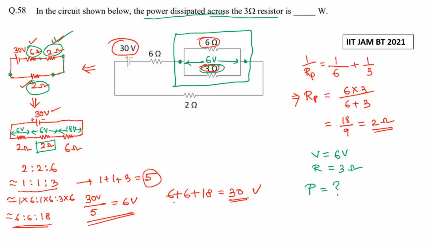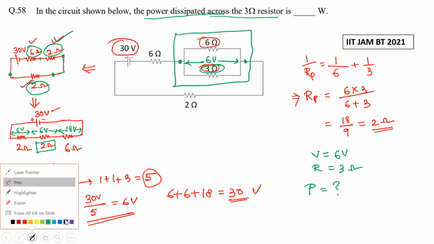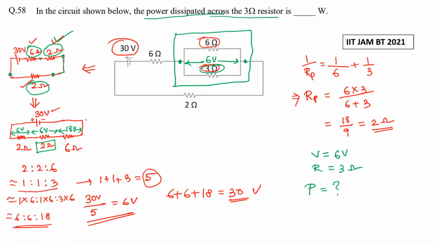Now what is the formula for P? Do you remember it? Let us recall: P equals I square R. If we use V equals IR, then we can replace I square R by V square by R, or we can write it in terms of I and V, it is IV.